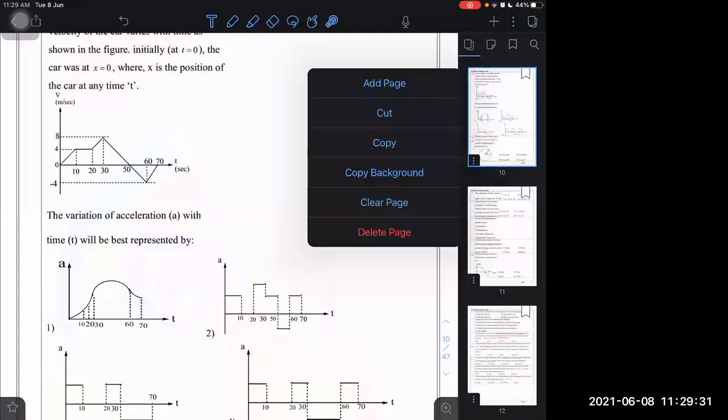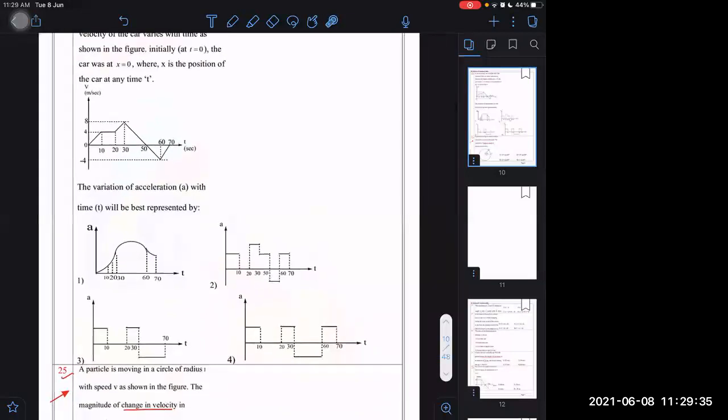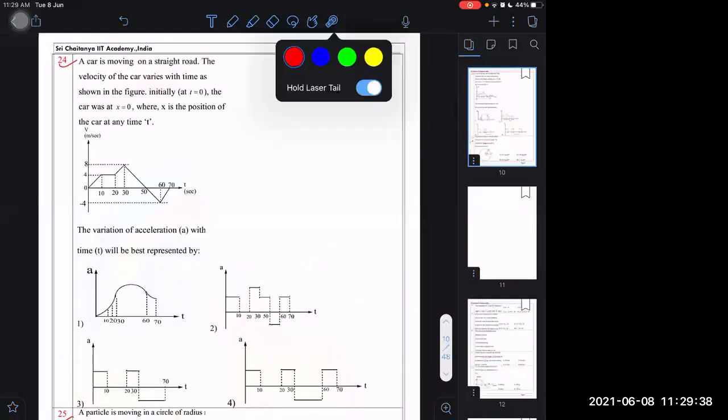Option D, sir. Getting option D already. Let us check now whether it is right or not.